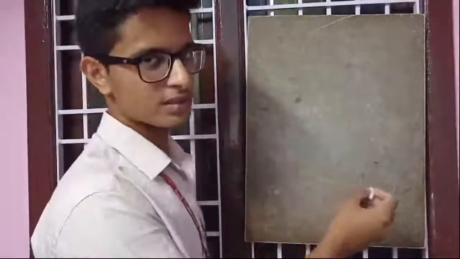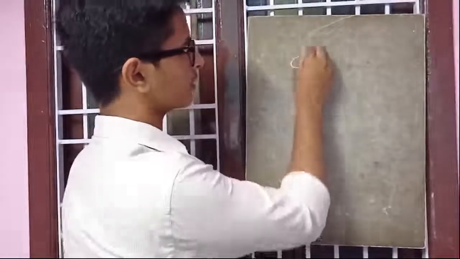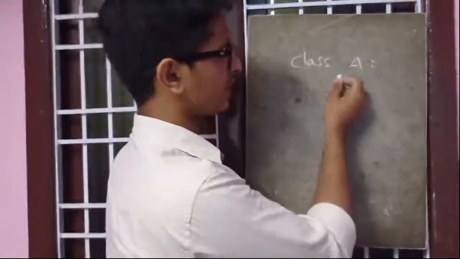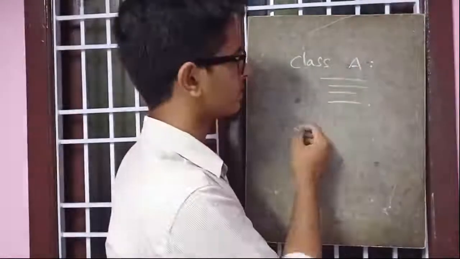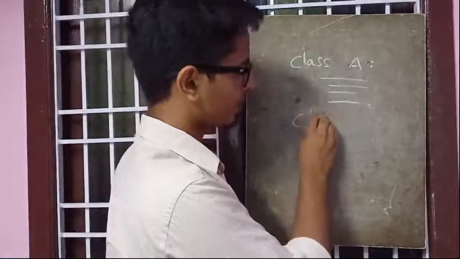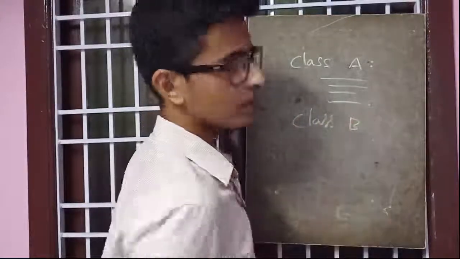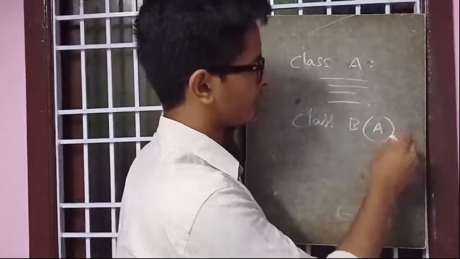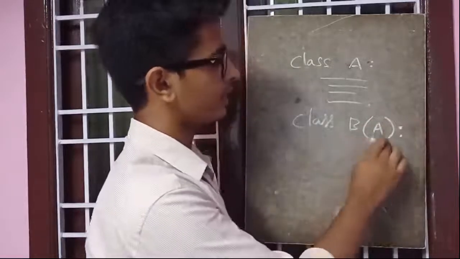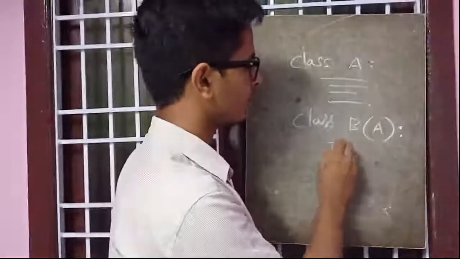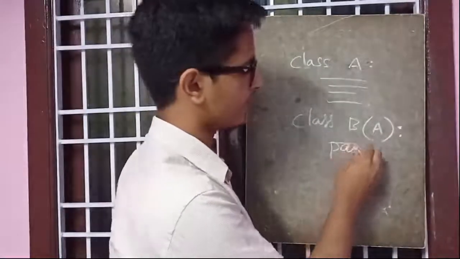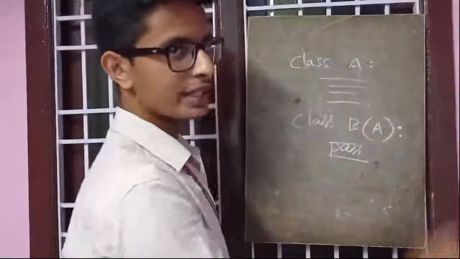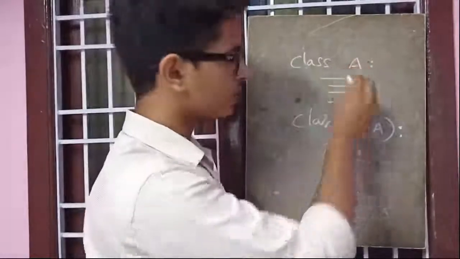That means, now let us define a class A. It has some methods and variables, and let us define another class B. Class B is inheriting class A, and it does not contain any statements. It simply contains pass. Pass means empty. The body of the class is empty, but we can access all the methods of class A using class B.